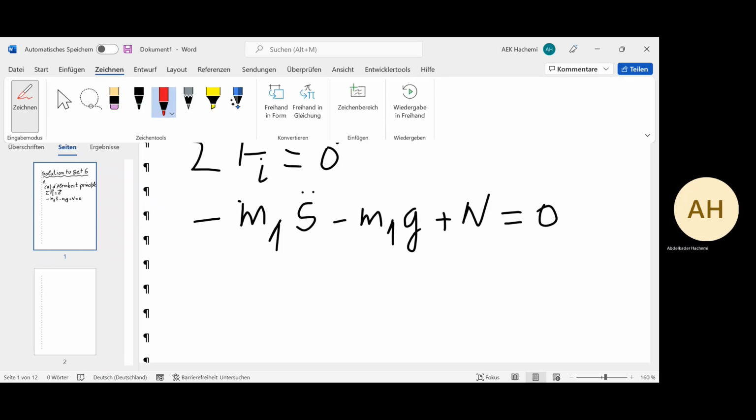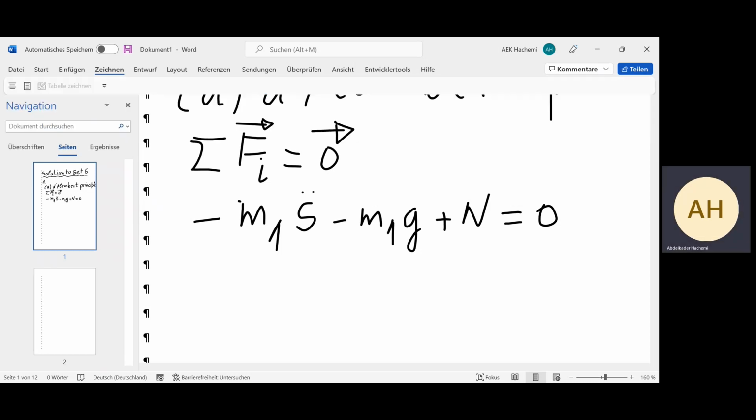Here, this first term is the inertia force FH1 due to D'Alembert. That means it's always against the motion, in the direction of the axis S.